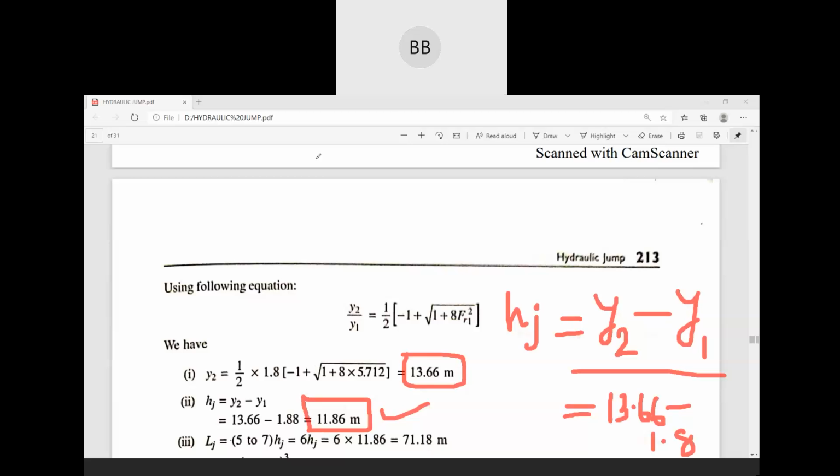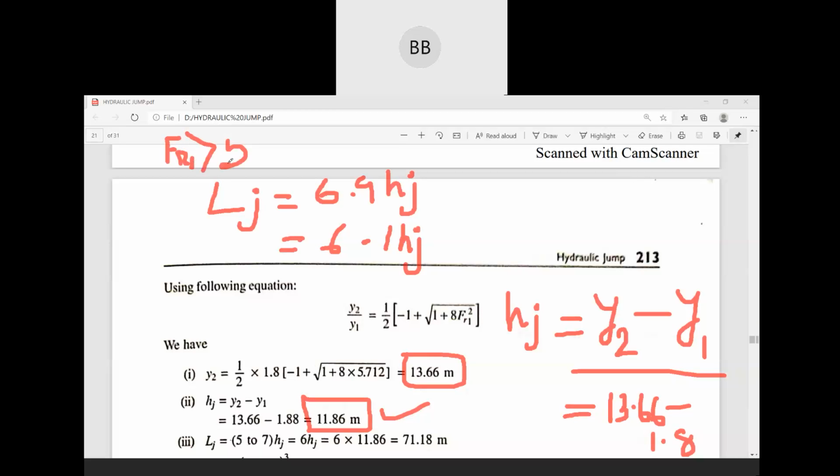So then after that you need to find out the length of the jump. For the length of the jump we have two expressions. One is 6.9 hj, one is 6.1 hj. Here the condition is if your Fr1 is greater than 5, you are going to use 6.1 hj.